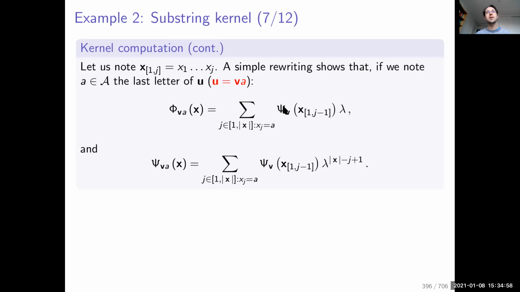observe that there are recursive relations. If you know how to compute psi v of subsequences of x, so this represents the first part of x up to letter j, and we add a letter, then we have a sum which is reasonable in terms of computation to obtain.